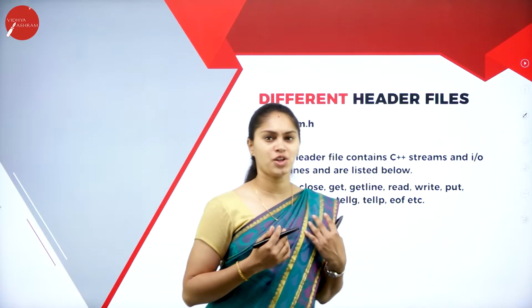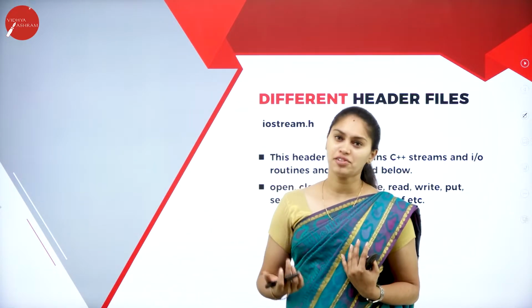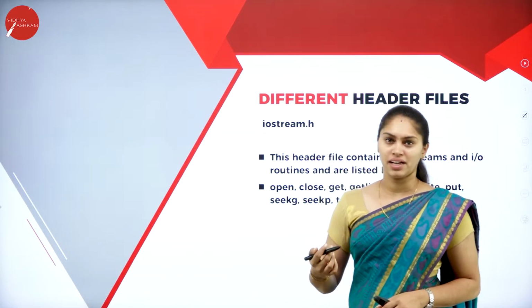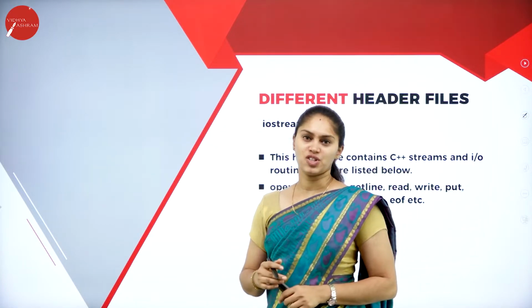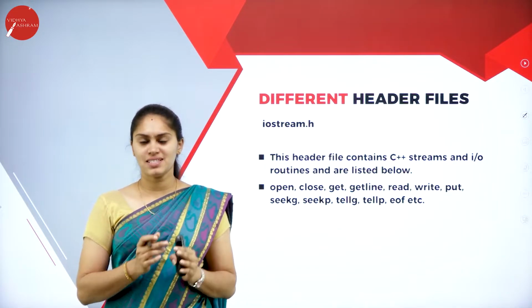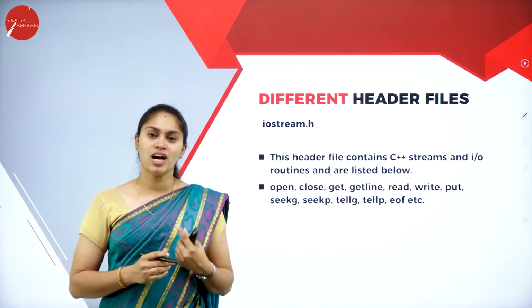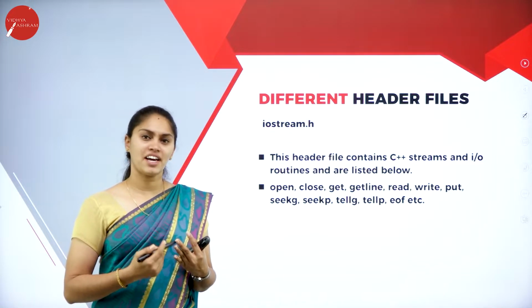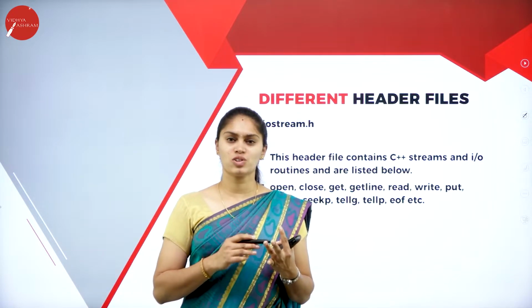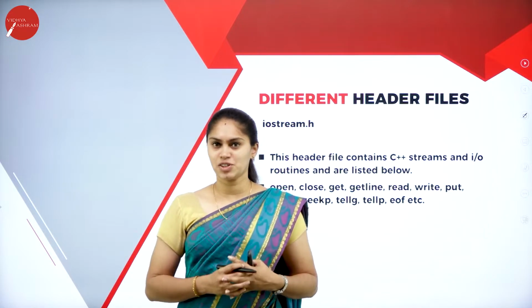If I just want to use any of the predefined functions, and by predefined function I mean library functions or built-in functions, it is mandatory to have the header file. Okay, so now we'll see what header files we have. Already we have discussed #include iostream.h and #include conio.h. So those two header files are familiar to you.